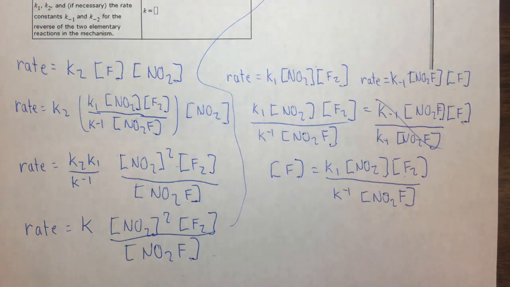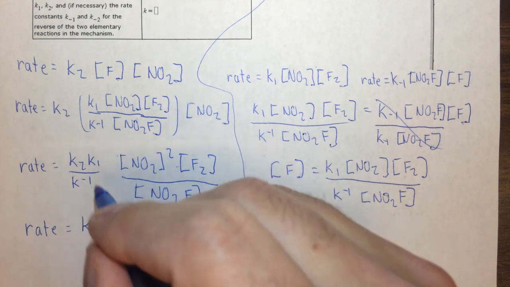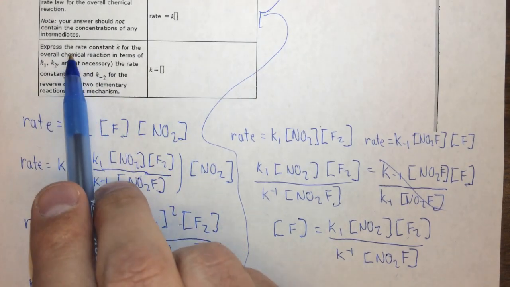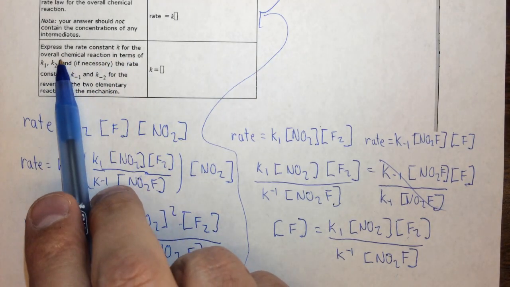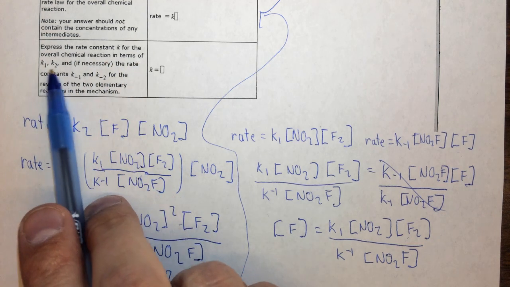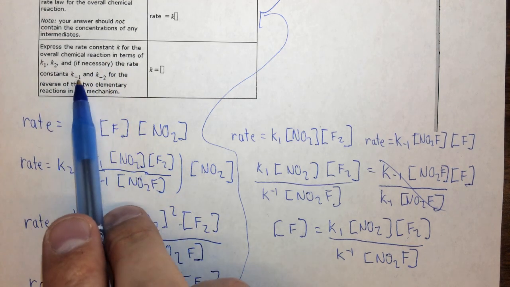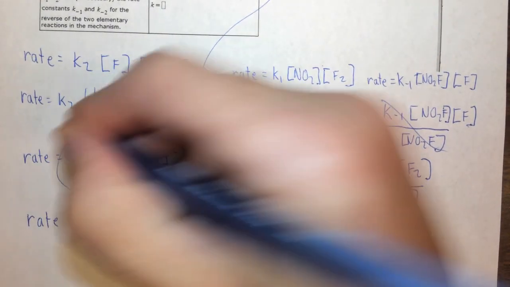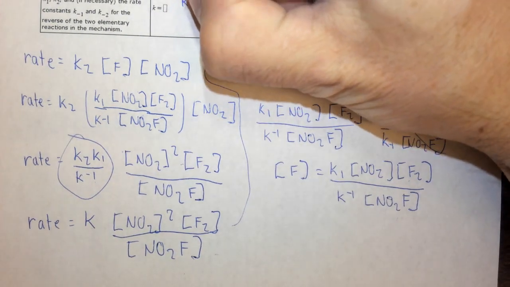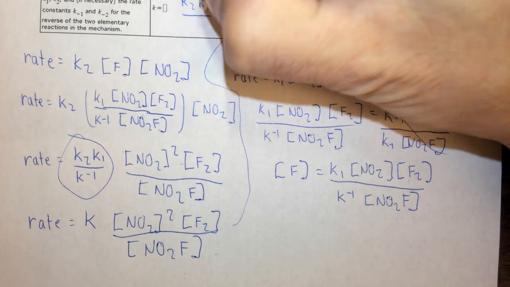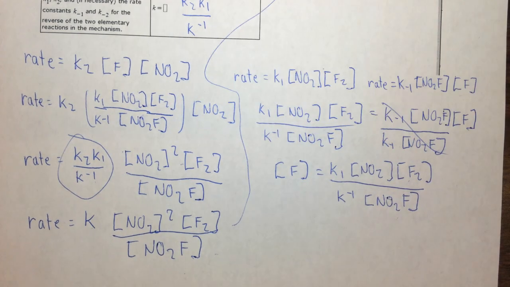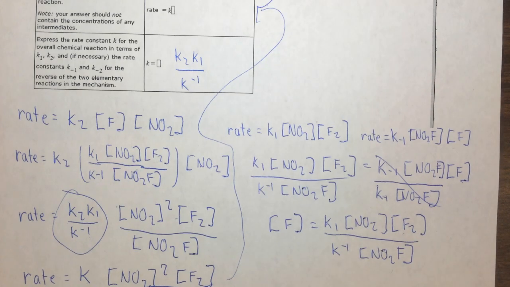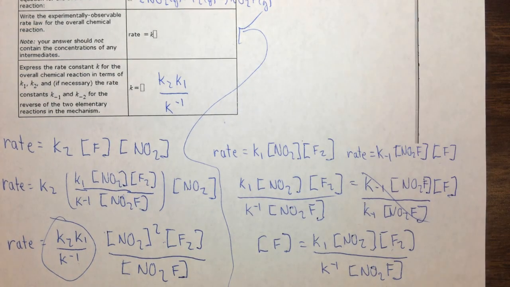As for what k is equal to, the next part says to express the rate constant k for the overall chemical reaction in terms of k1, k2, and if necessary, the rate constants k minus 1 and k minus 2. This is what k is equal to: k2 k1 over k minus 1. So that gives us the rate constant expression. The good news is, even though this is quite a lot of work, it does solve both problems when you do it.